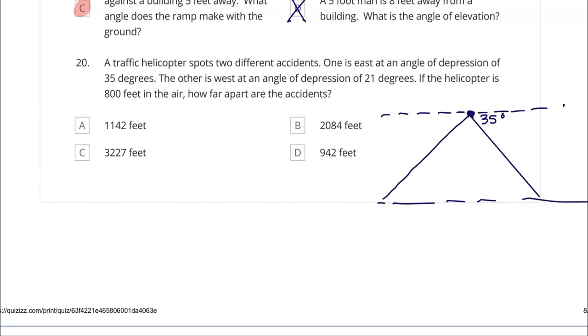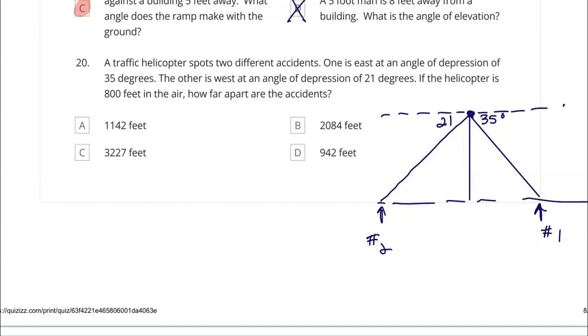The other is west. So this is one accident. This is the second accident, and its angle of depression is 21 degrees. If the helicopter is 800 feet in the air, okay, that's a good number.